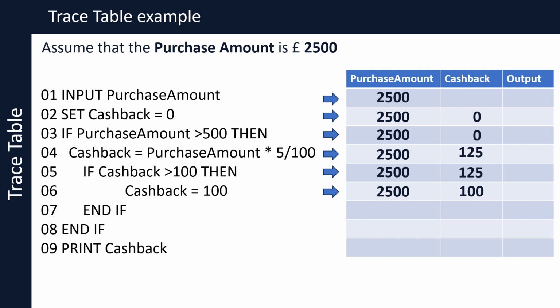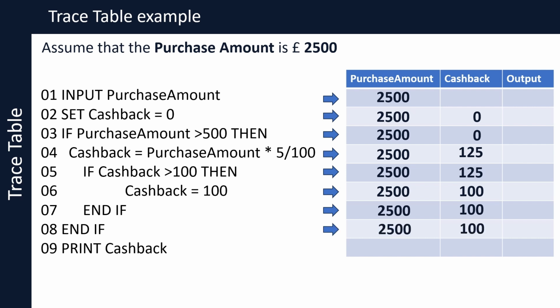In the 7th line, we end our nested if statement. We are not changing the values of the purchase amount or the cashback here either, so we record these as 2,500 and 100 respectively under columns 1 and 2 in row 7 of the trace table. In the 8th line, we are ending the outer if statement. Again, we are not changing the values of the purchase amount or the cashback, so these remain the same in row 8 as the previous row, i.e. 2,500 and 100 respectively.